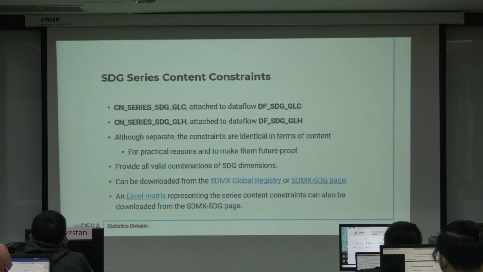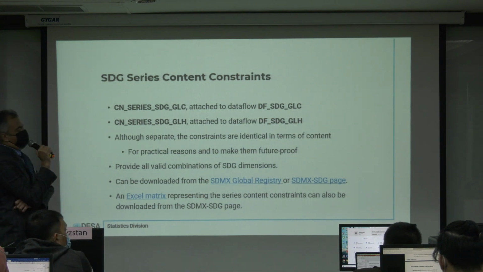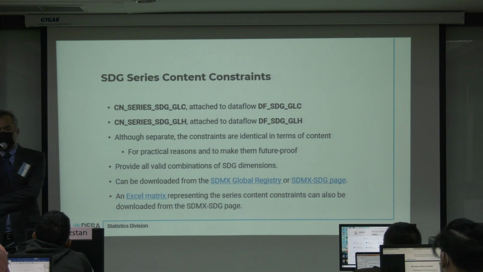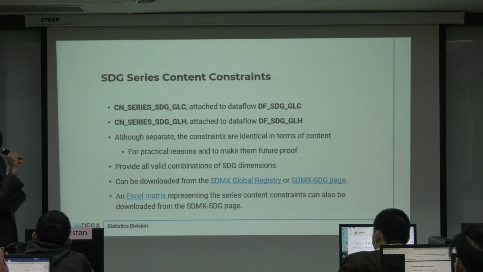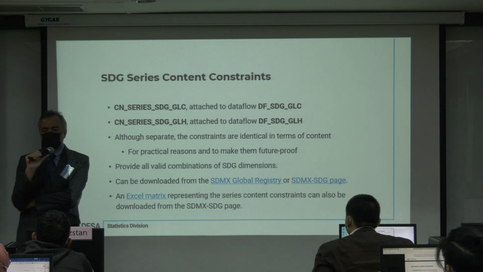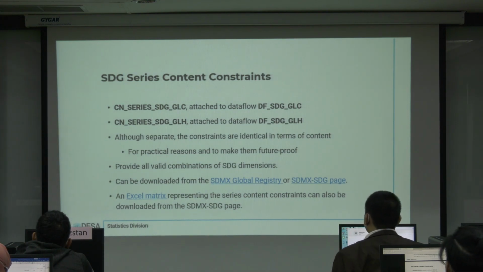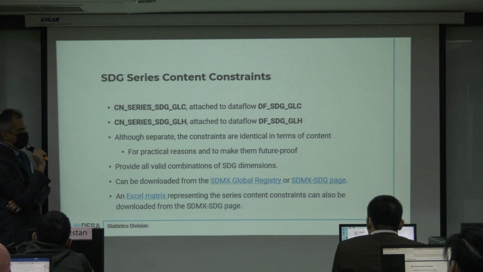It's the series content constraints that are used to ensure that for the indicator proportion of seats held by women in the national parliament, the sex is always set to F. Whereas for the indicator land area covered by forest, sex is always set to _T, and age is also set to _T.